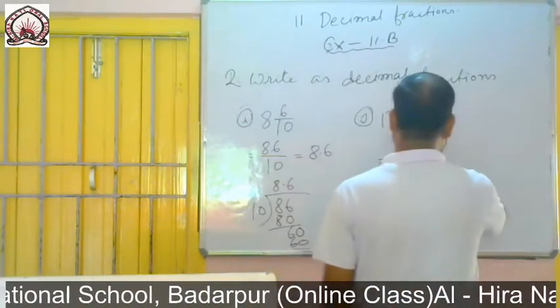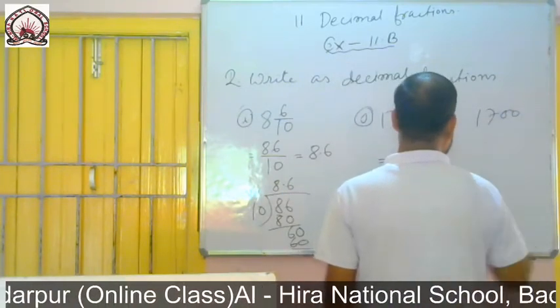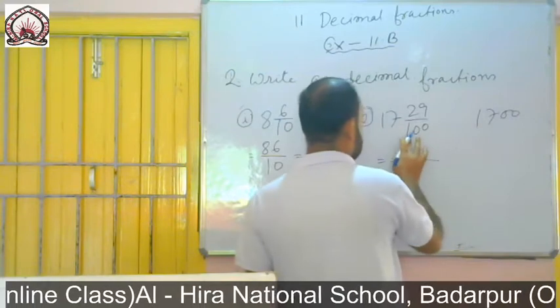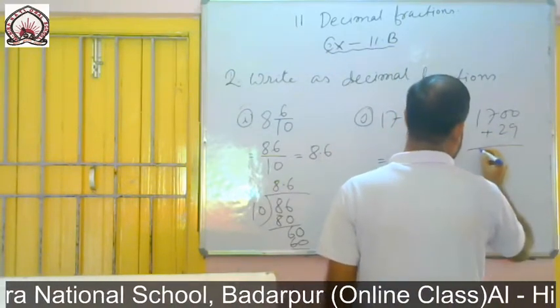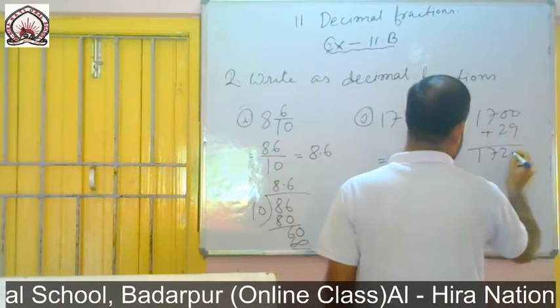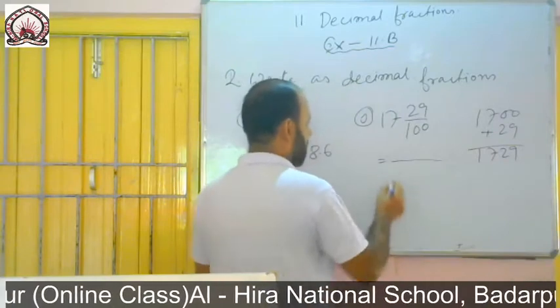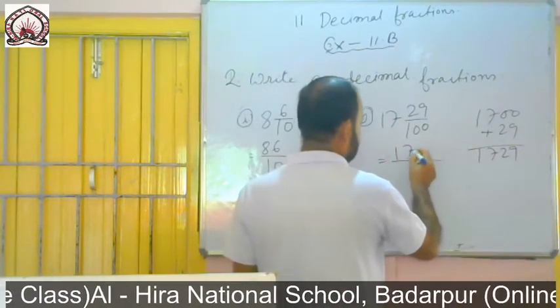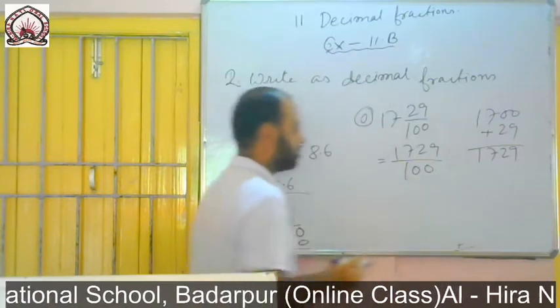If we write it as an improper fraction: 100 times 17 is 1700, plus 29, so 1729 by 100.